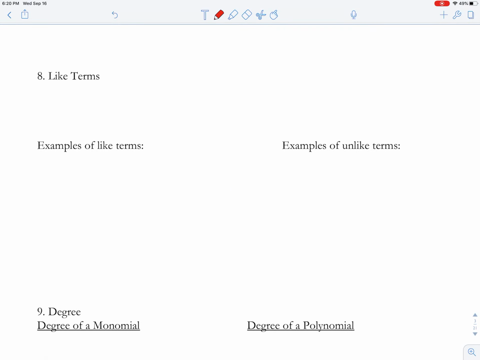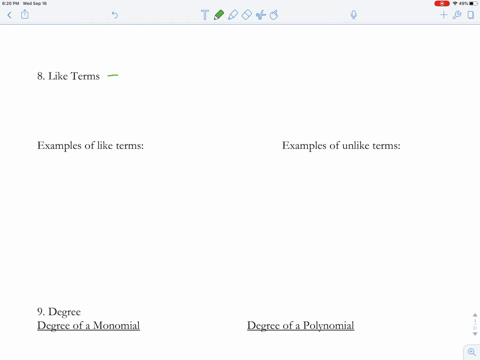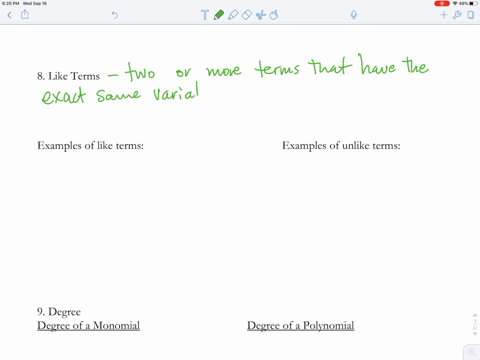Like terms. So like terms are two or more terms that have the exact same variables, and remember those are our letters, raised to the same exponents.